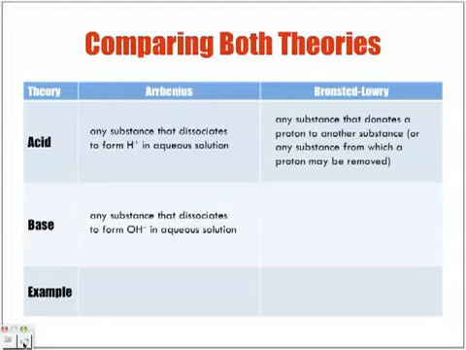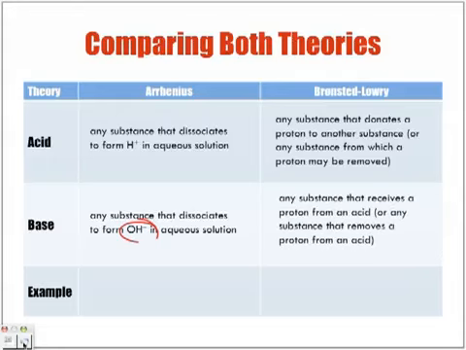Bases, according to Arrhenius, are anything that dissociates to form the hydroxide ion. Yes, we're still forming the hydroxide ion with the Brønsted-Lowry theory, but this is the actual substance that receives the proton.